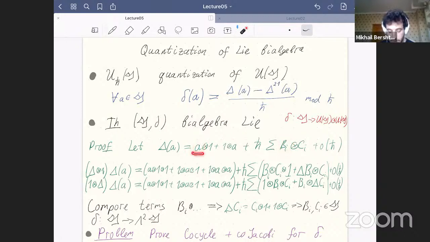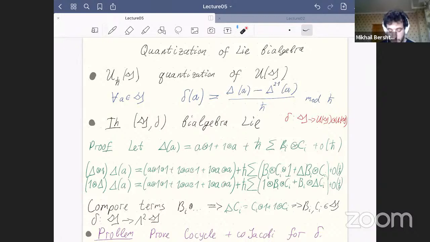If we apply here, we can keep zero and first order in h bar. If you apply here, we should keep just zero order in h bar. Okay, apply here, then we get A tensor 1, 1 tensor A, plus h bar times bi tensor ci. So if we apply delta to this term, we get these terms.